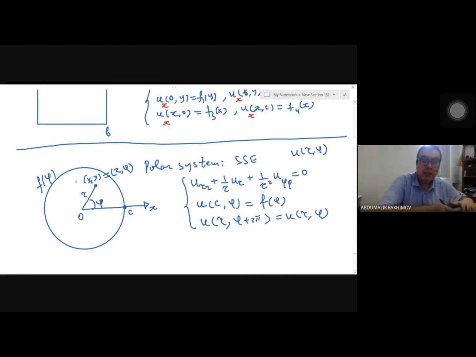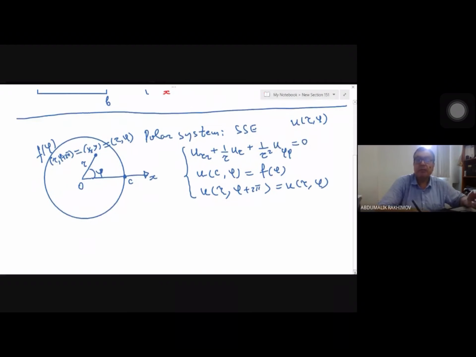That's why u(r, phi plus 2 pi) must equal u(r, phi). It must be periodic with respect to phi, with period 2 pi. That's the statement of the steady state problem for the circular plate.